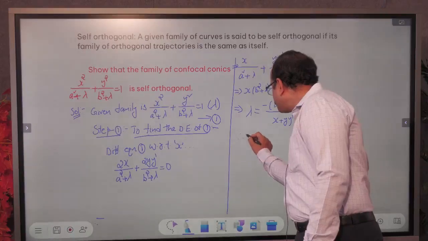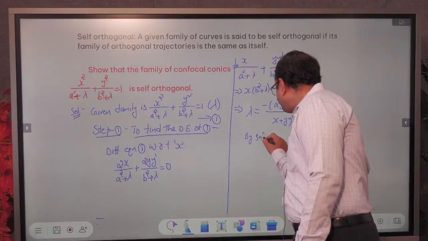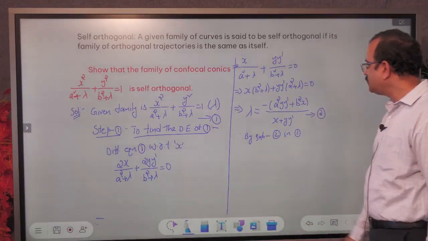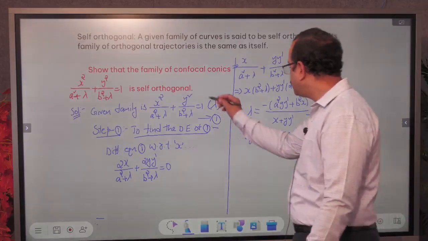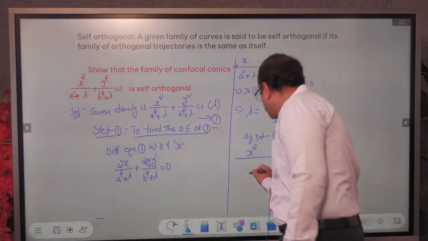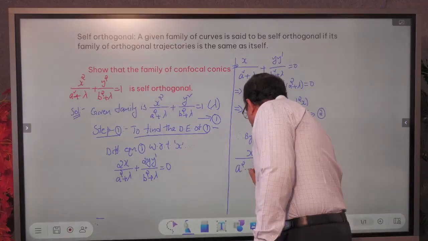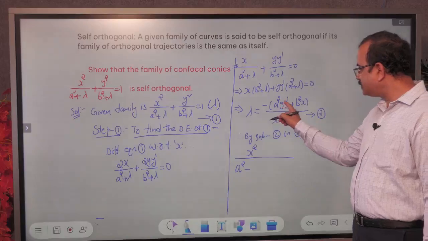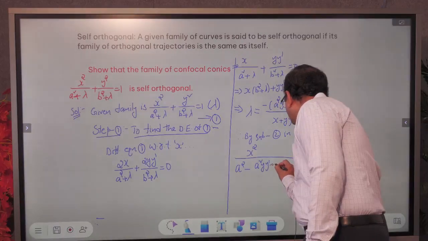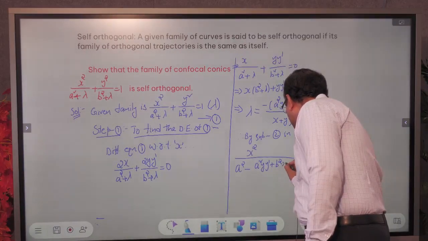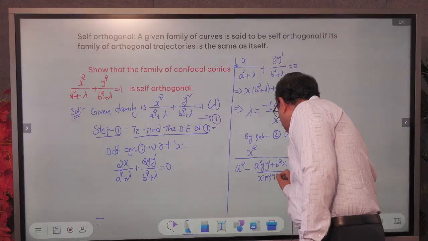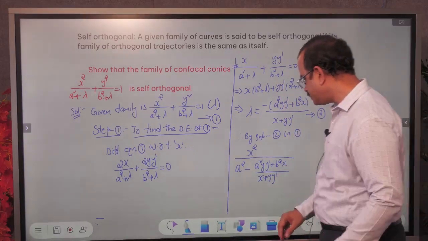By substituting equation 2 in equation 1, we get x square divided by a square plus lambda, where lambda is equal to minus of a square y dash plus b square x divided by x plus y dash. Better, I will write it on the next page.